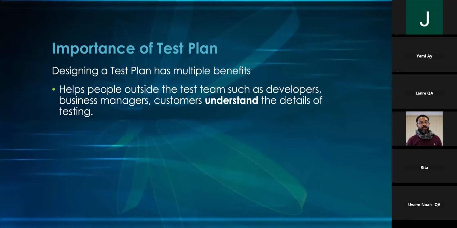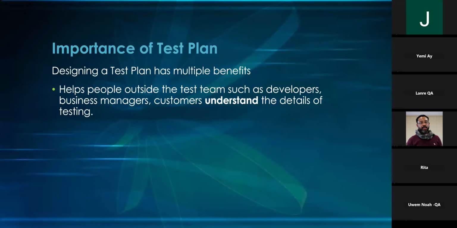When you get into an organization as a new employee, if you are taken into a project, the first question you need to ask is, do you have any documentation that I can go through? Two, do we have a test plan for this project?